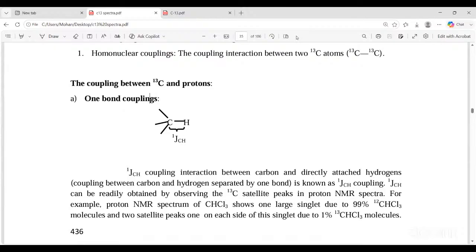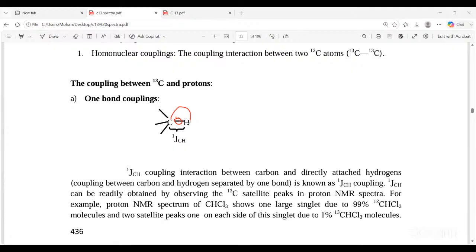So here this is carbon, and this is hydrogen, and the carbon and hydrogen are separated by this bond. So one bond separation, then it is called the one bond coupling, right?